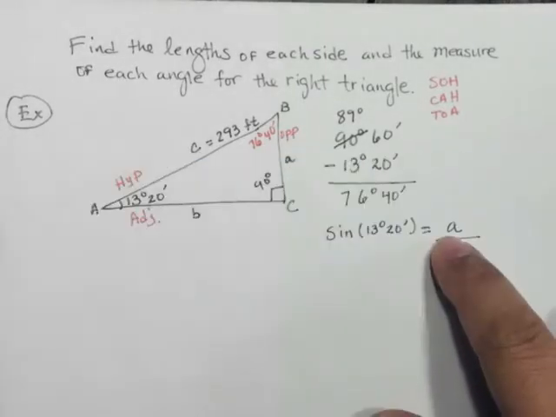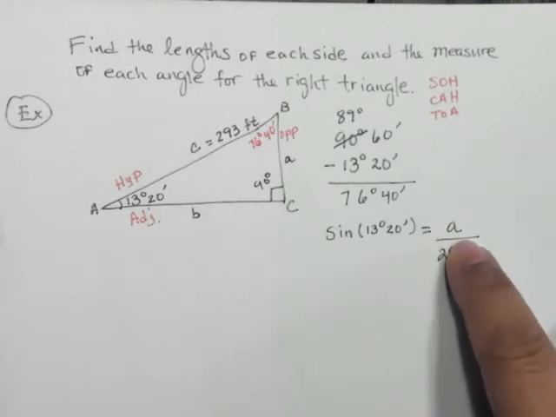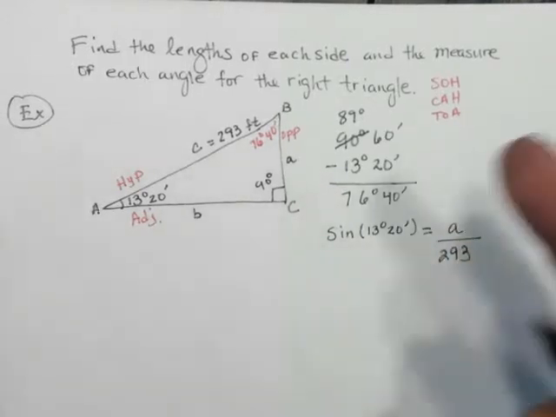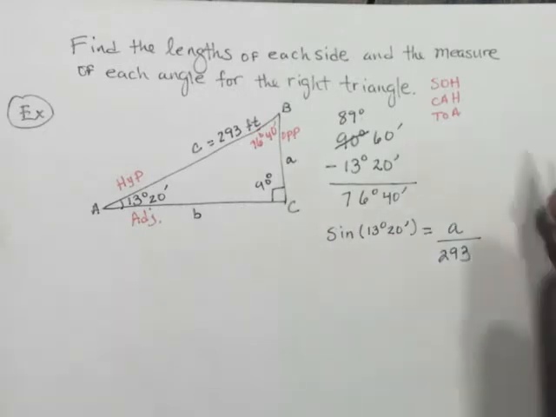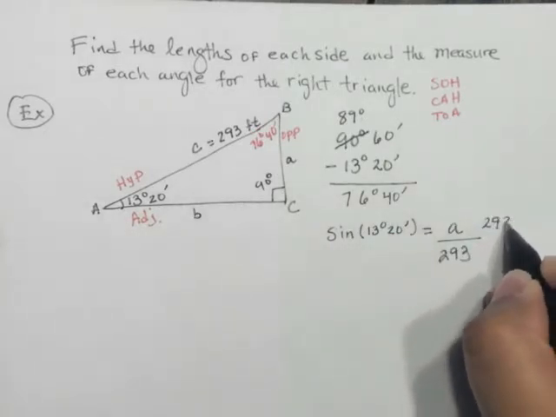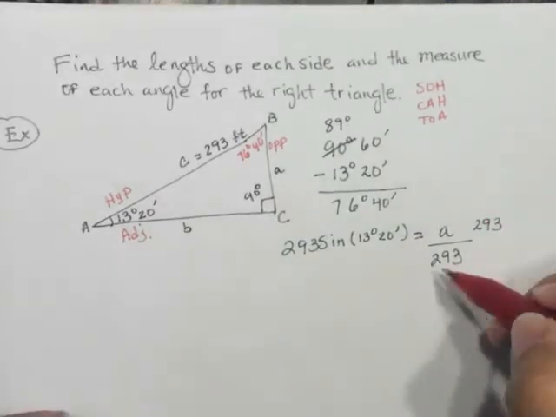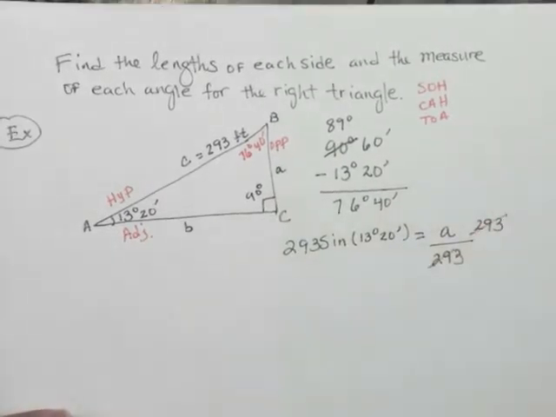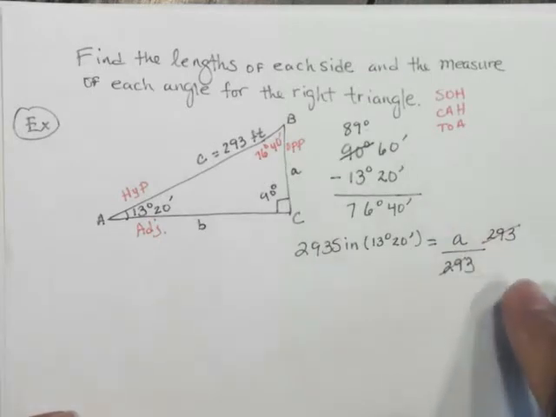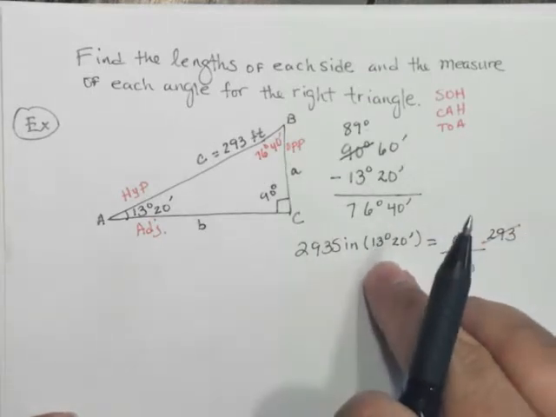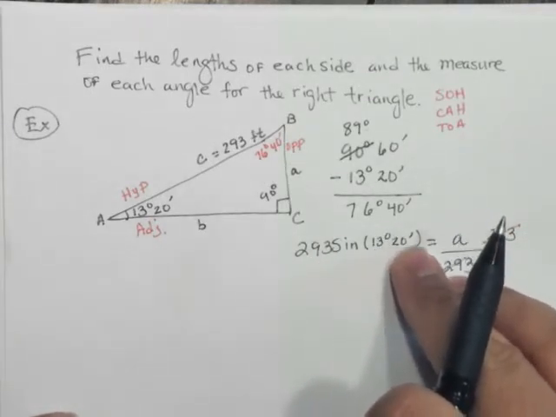So now in order to get side A by itself, we're going to multiply both sides by 293 to clear the fraction. So side A is going to be 293 sine of 13 degrees, 20 minutes.